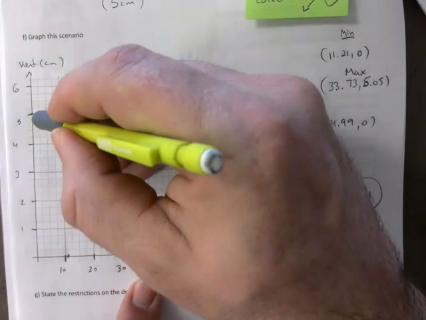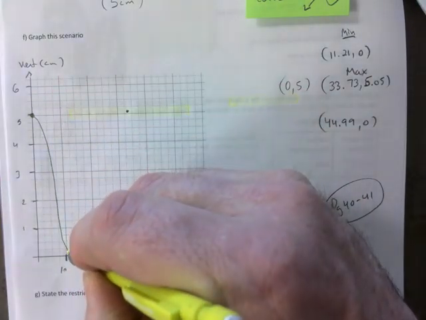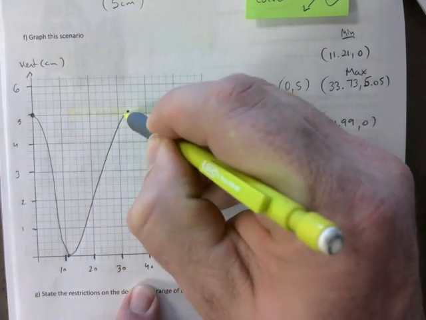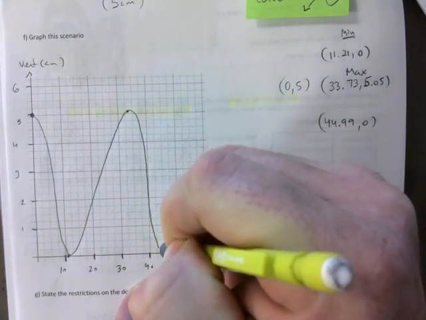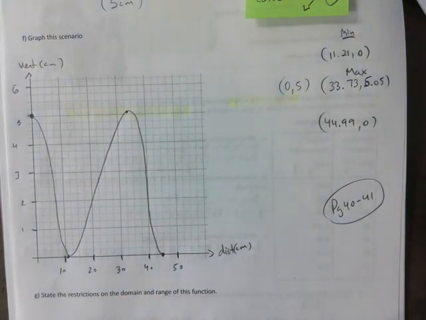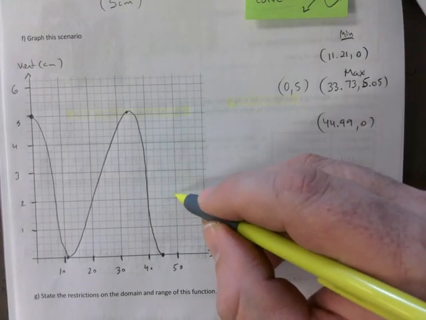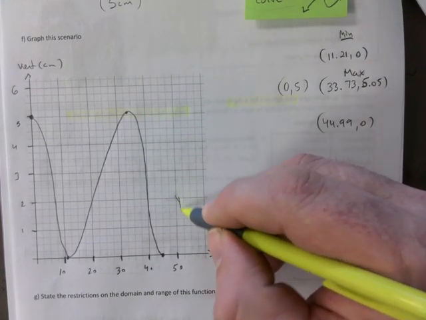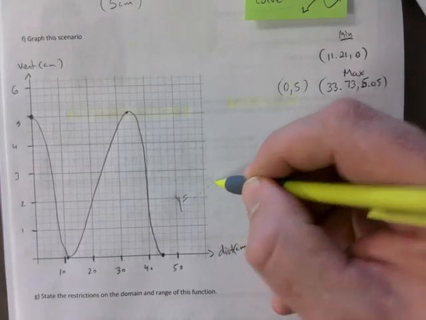Okay, so we just bring it here, bring it back up, bring it back down. That's all you need. And don't forget your equation. Y is equal to something.